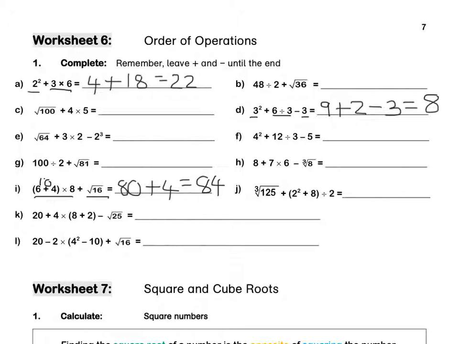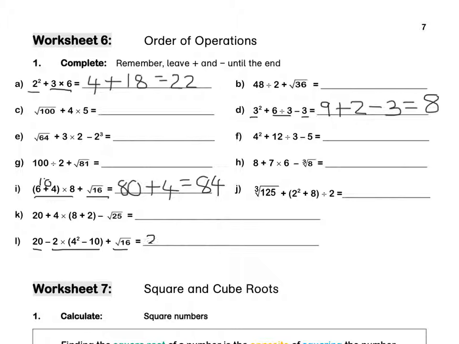Lastly, let's do L together. We have 20 minus all of this plus the square root of 16. Remember, our minuses and our pluses separate our terms. Let's work from left to right.